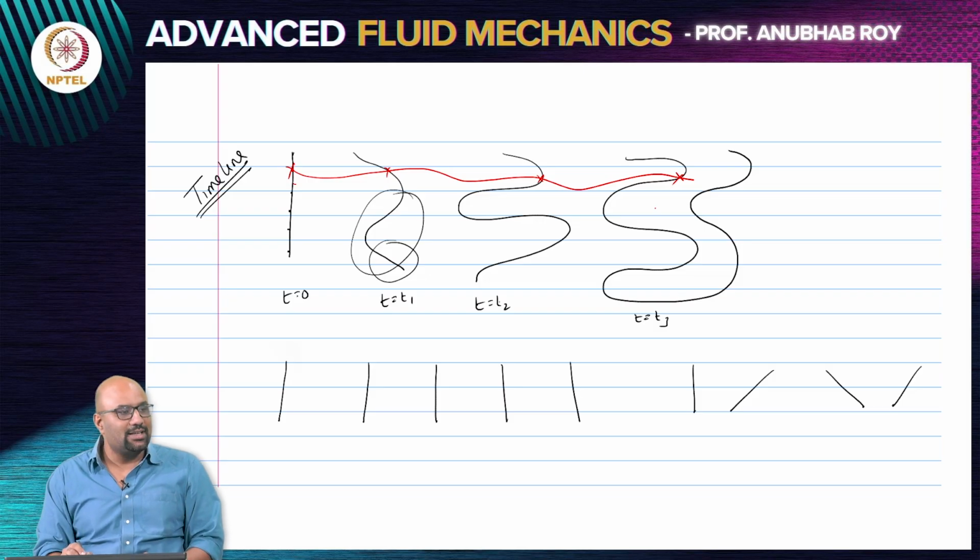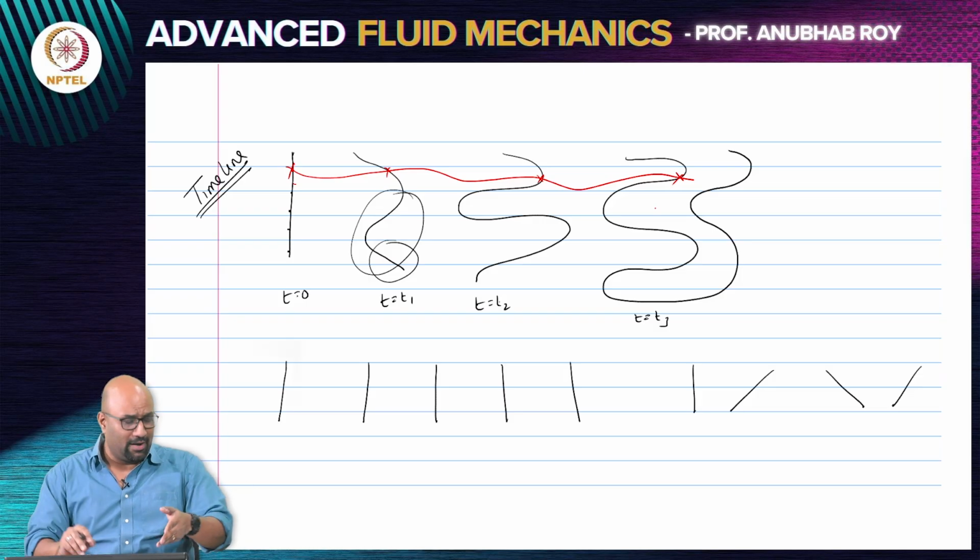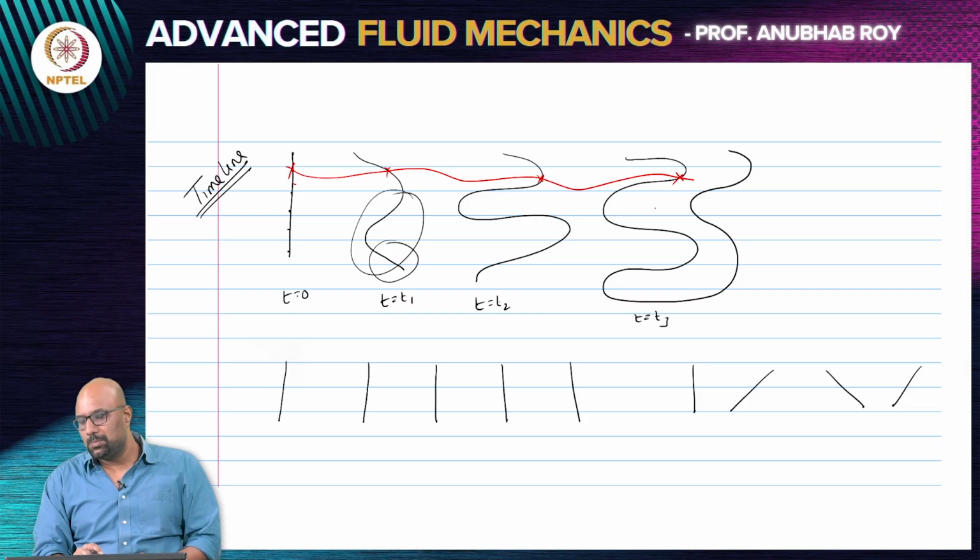So, I am looking at its trajectory, whereas in a timeline, I am saying that if I have a set of fluid particles drawn out in some shape, I have taken a line here. So, how does that line move?